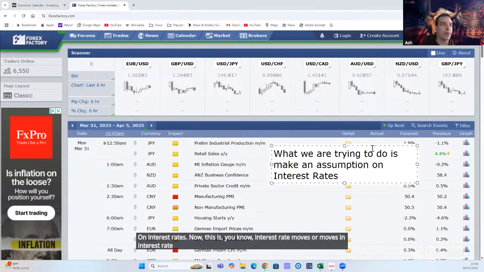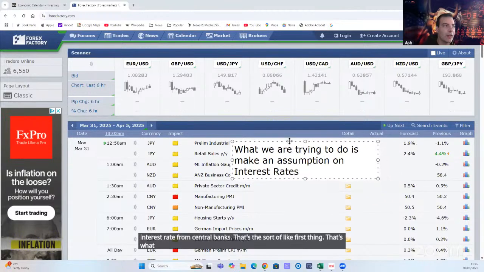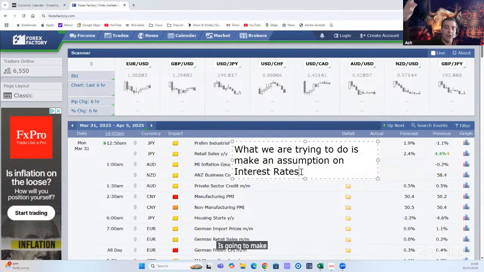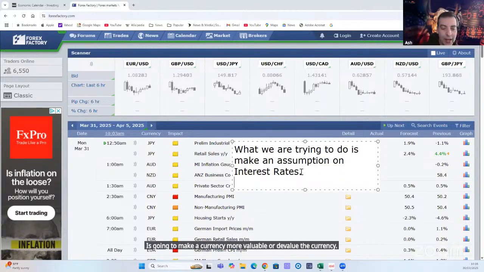That's the first thing. We're trying to make assumptions on interest rates because the interest rate is going to make a currency more valuable or devalue the currency. Now, a way we would do that is looking at inflation data.